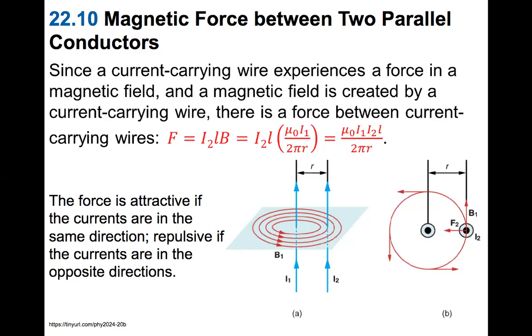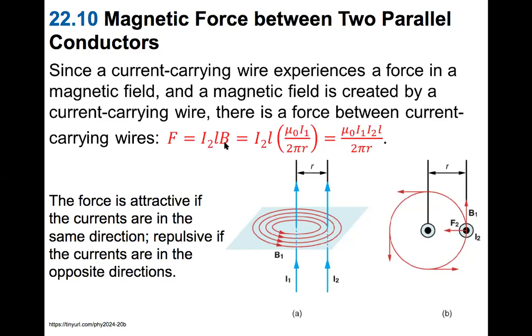Now let's go back to the magnitude of the magnetic force. For a wire carrying current I, the force is going to be equal to this. If you go a couple of sections back, when we talked about a wire in a magnetic field, the force experienced will be equal to the current it carries times its length, times the magnetic field experienced. So it's ILB.